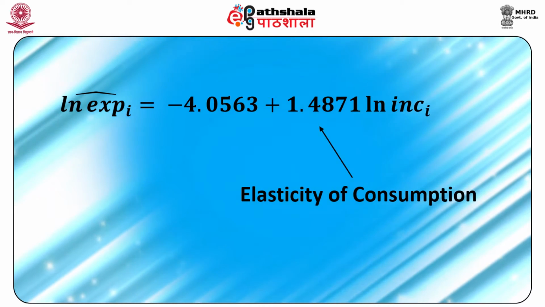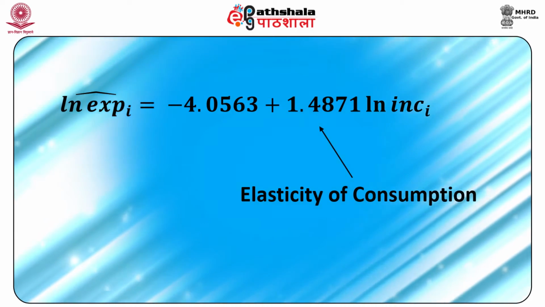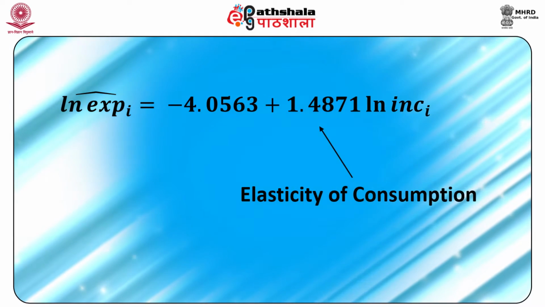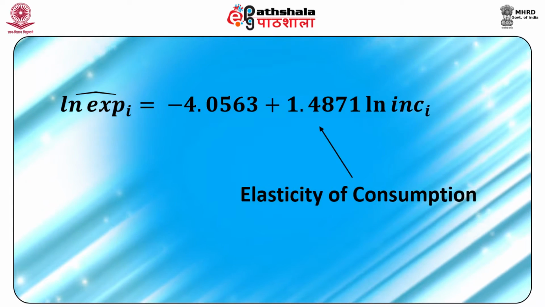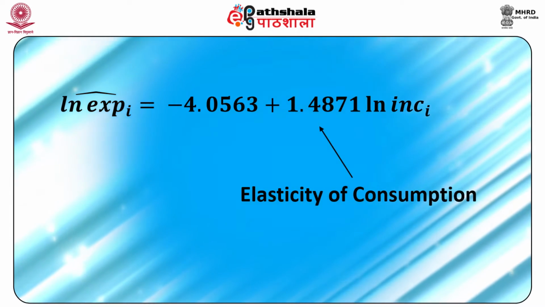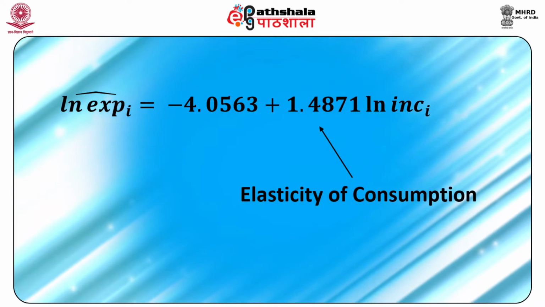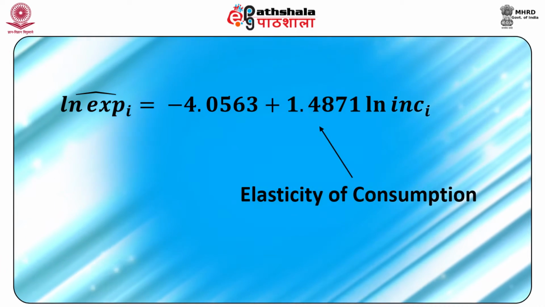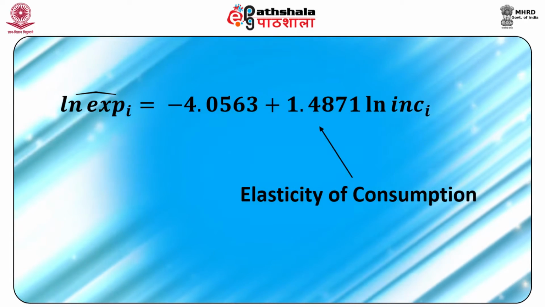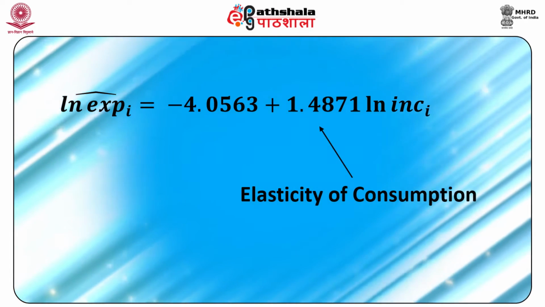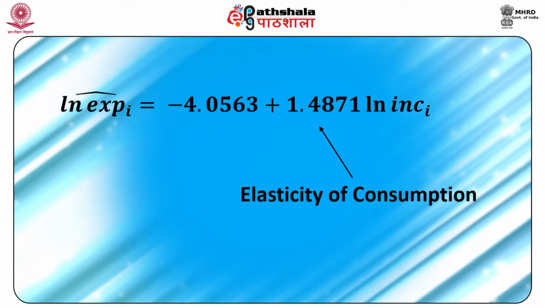Now this result is based on the data collected from different individuals. Here we find that the elasticity of consumption expenditure with respect to income is about 1.5, exactly it is 1.4871, indicating that if income increases by 1%, then the expenditure increases by 1.5%.